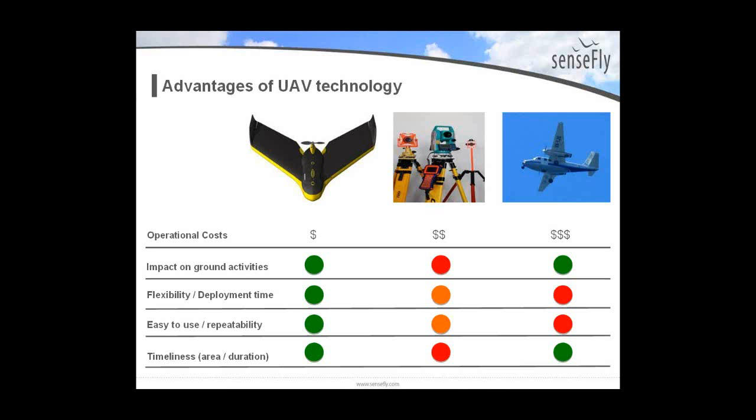It typically takes about 20 to 30 minutes to fly a mission. So if you have to go back and resurvey something, you can do it, and you can have your processed data by the end of the day. So it's really quick. Your initial cost is a little high, but not for what you're getting.